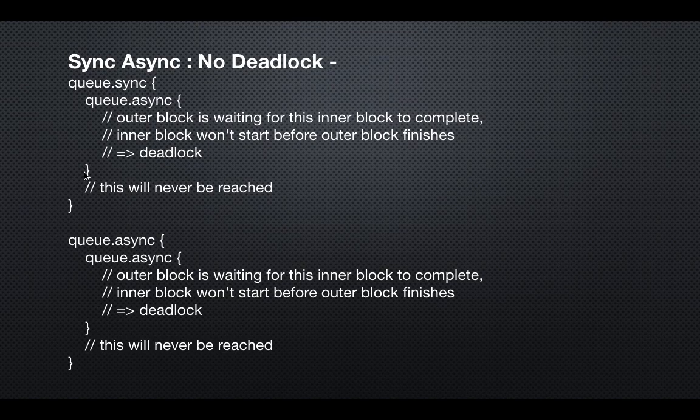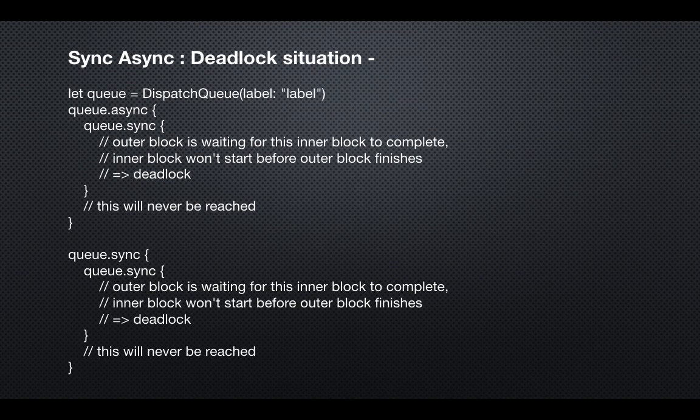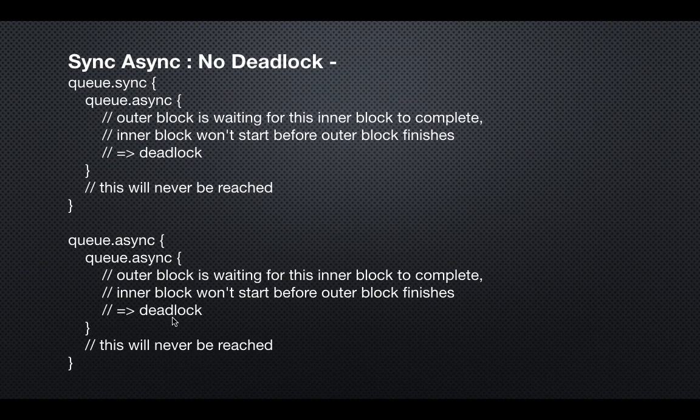So what I did, I created a project and tried all these operations. What I would suggest is to write a print statement in this block, write another print statement in this block, and write one print statement after these two blocks as well. Then try all four cases: these two deadlock situations and these two where deadlock doesn't happen.